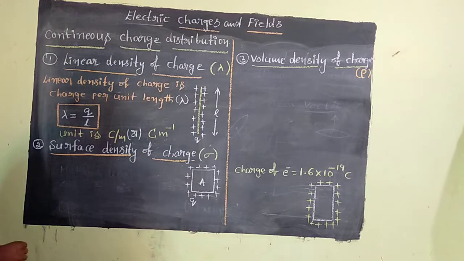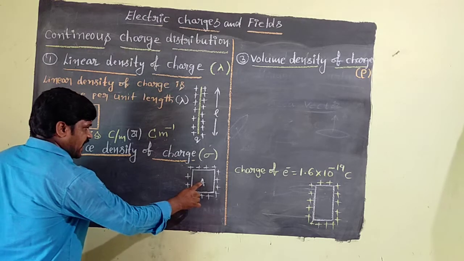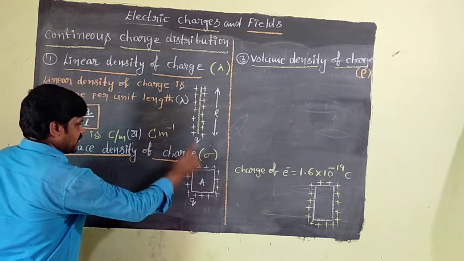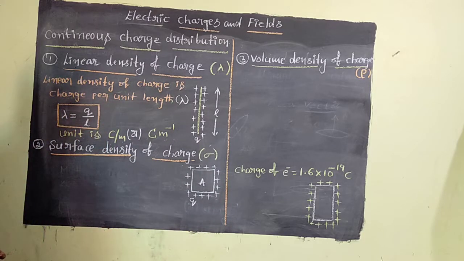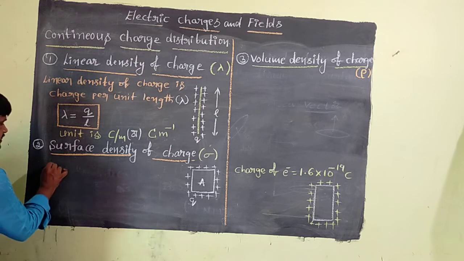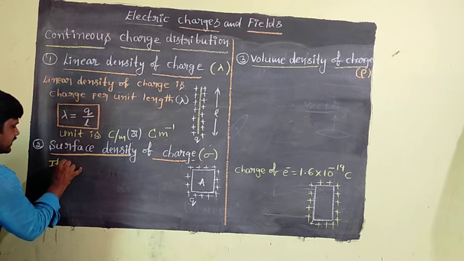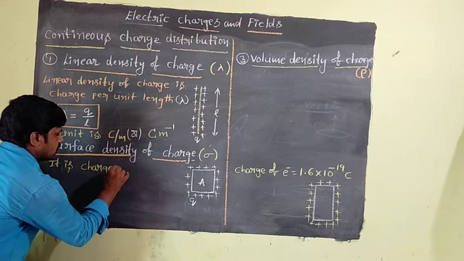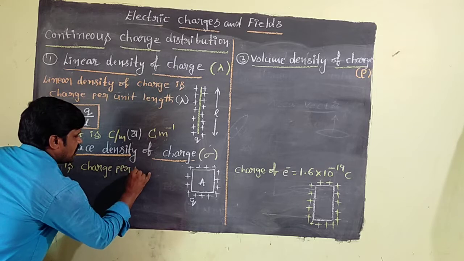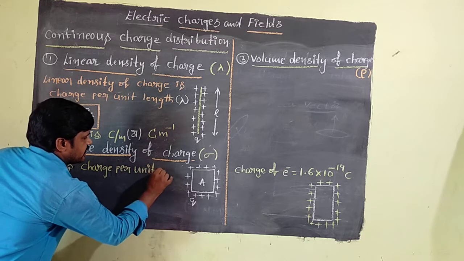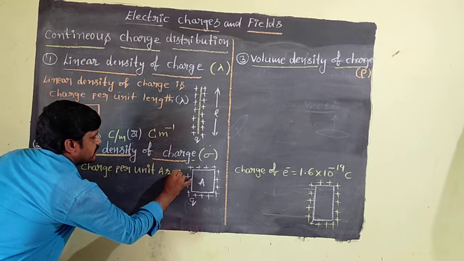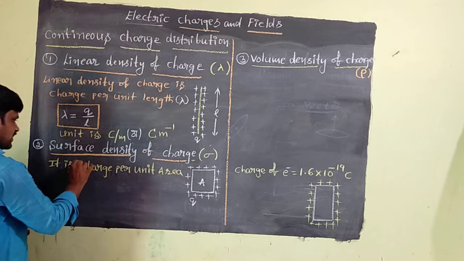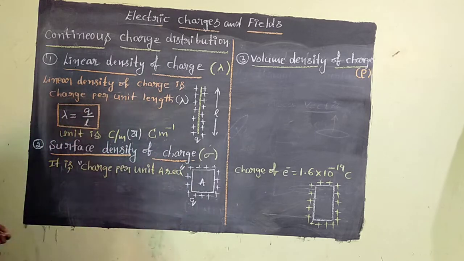In that case, charge per unit area is considered as surface charge density, which is denoted by sigma. That means surface charge density is charge per unit area.